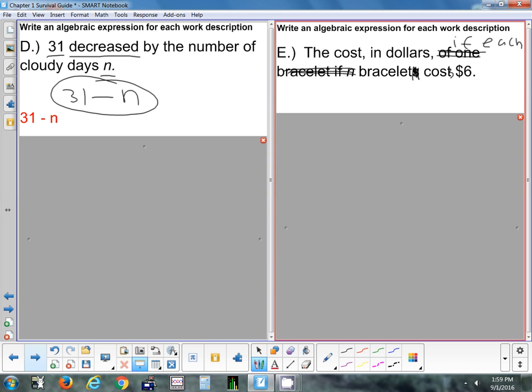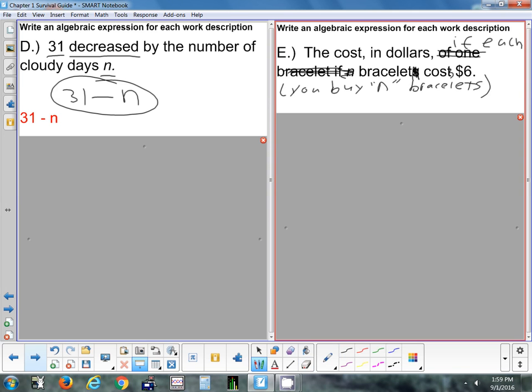And you're going to buy n bracelets. So the cost in dollars if each bracelet costs $6, and you're going to buy n bracelets. If you just bought one bracelet, how much would you spend?